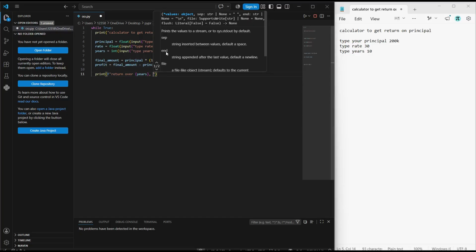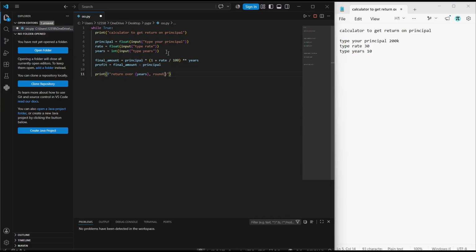Return over years, round(profit, 2). Okay, this is the line that will print the return on principal. So this is a simple and pretty short way to make a calculator.